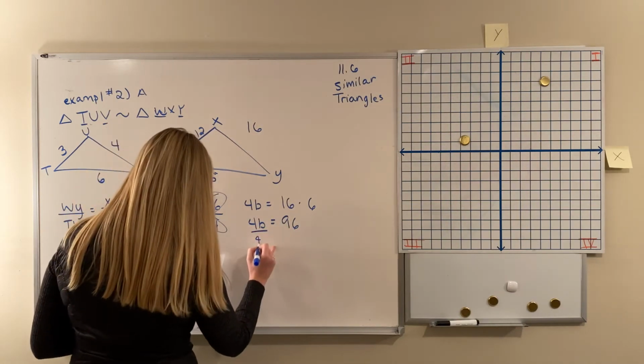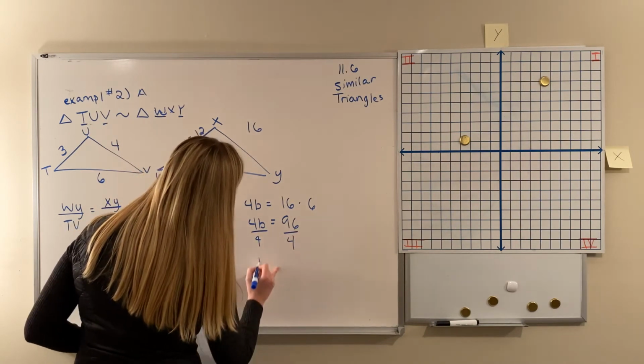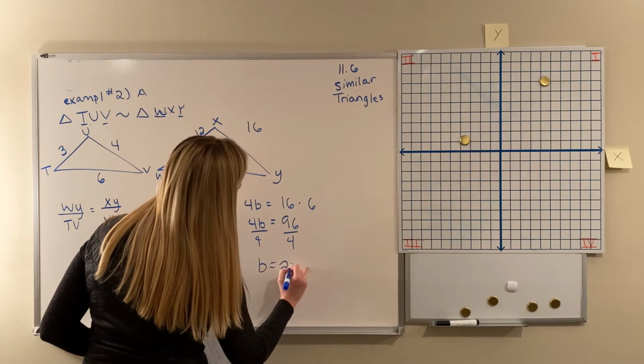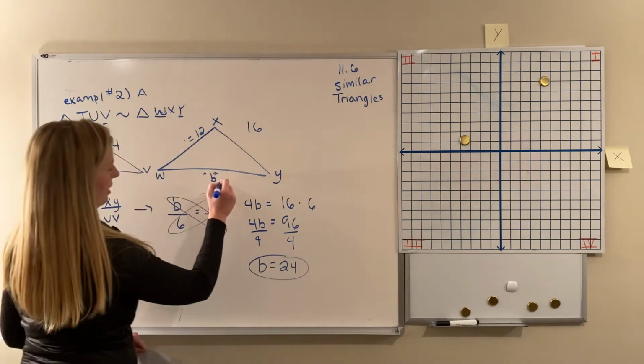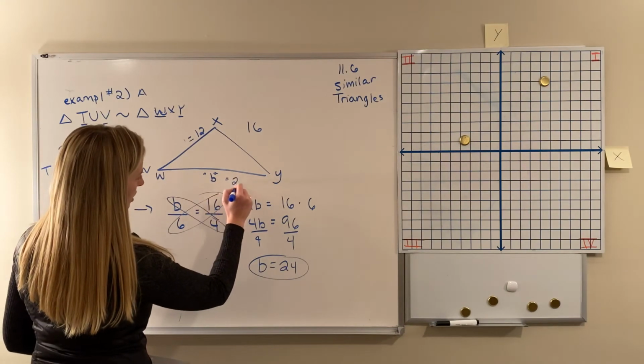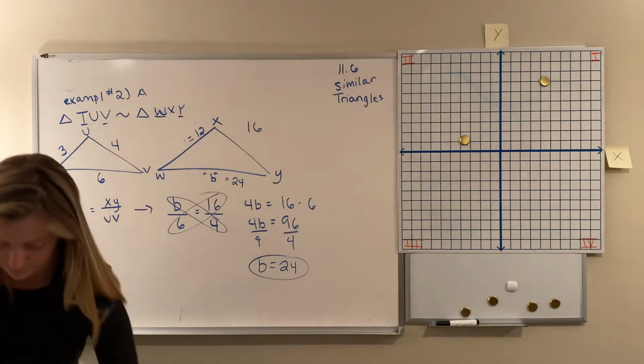Divide out 4 on both sides. B is equal to 24. And so we've solved for all unknown values, assuming that these two triangles were similar and being able to use their side lengths to form a proportion.